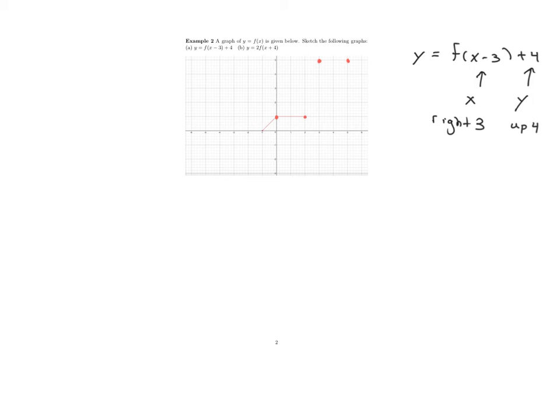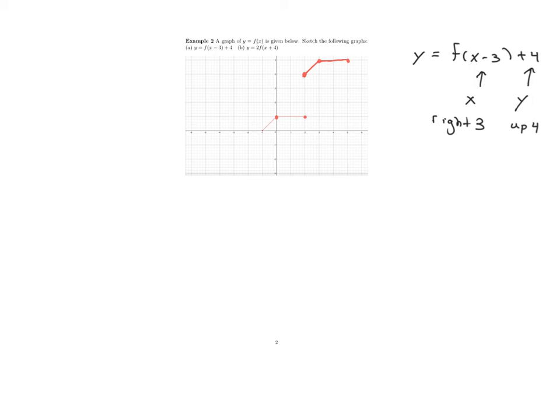And then my last point that I'll check is at -1, 0. So it'll go over 3, and up 4, we end up at 2, 4. Since the entire graph moves this way, that's my final equation.